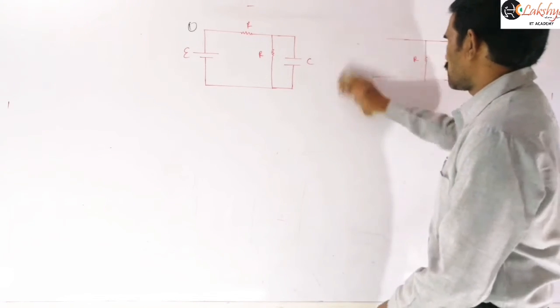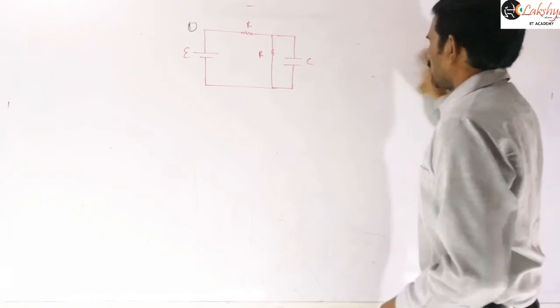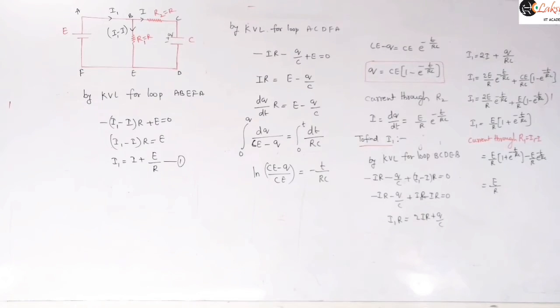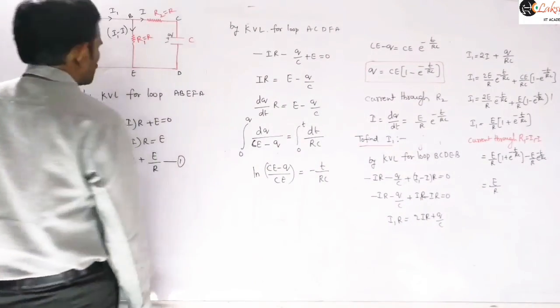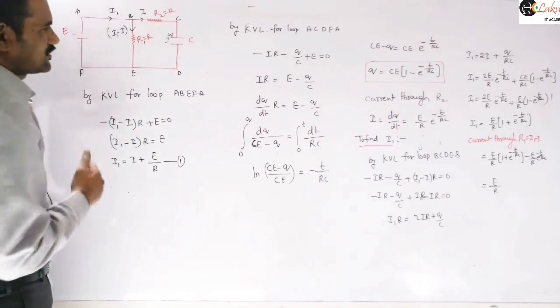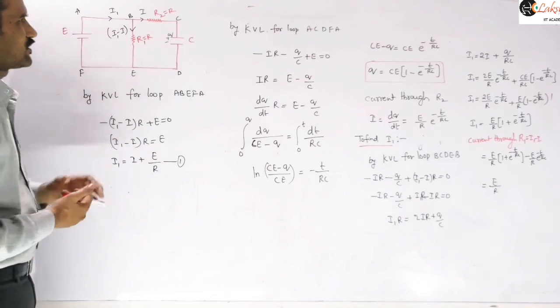So for every circuit you can't apply the same formula, right? But the procedure will be the same. Now let us find the charge on the capacitor at any instant in the circuit and the current drawn from the cell. So write that question here.